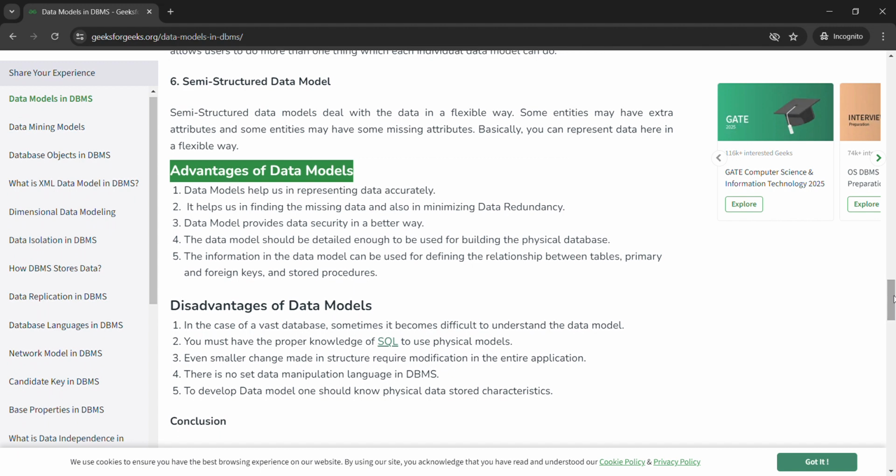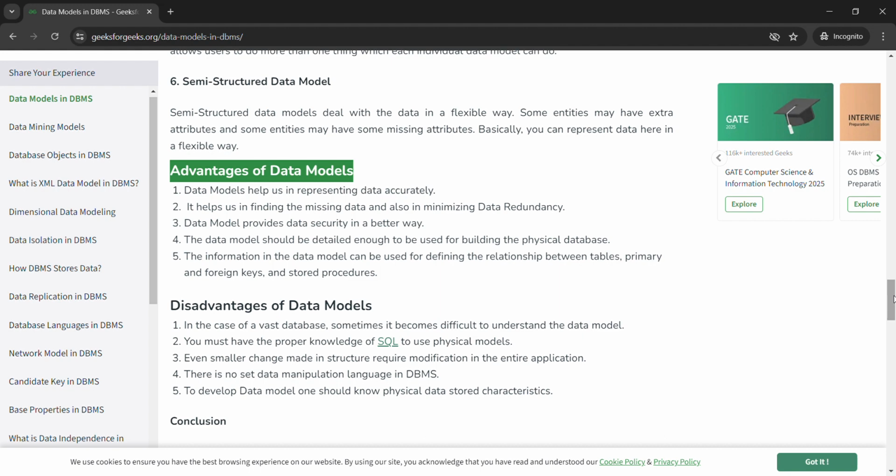So, advantages of data models. Data models help us in representing data accurately. They help us in finding missing data and also in minimizing data redundancy. Data models provide data security in a better way.